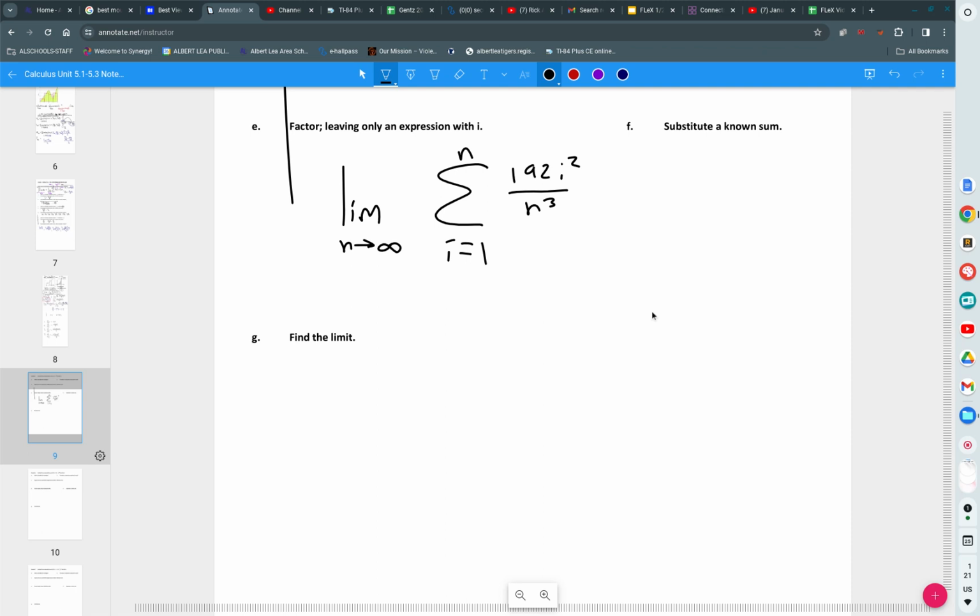So now all you do, then you just pull this part to the front and leave the i squared there.